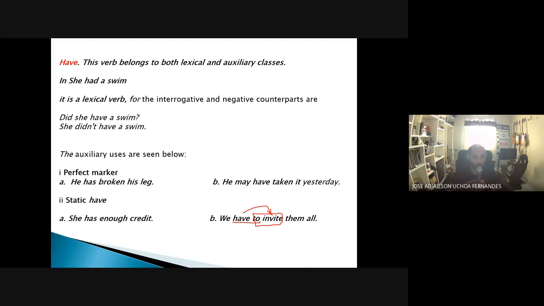And she has enough credit is indicating a state of being. Having credit is not doing anything, it is being somehow. Yeah. This have is a static verb. Okay.